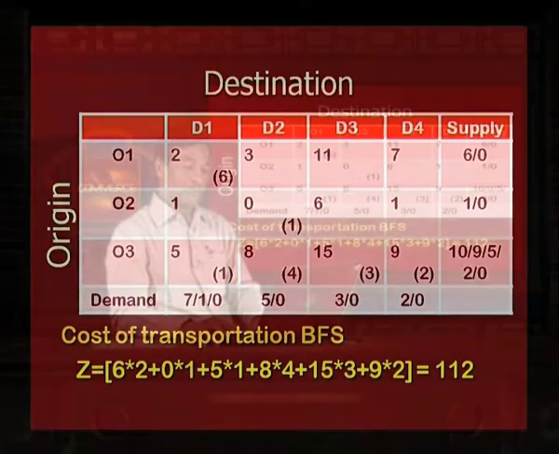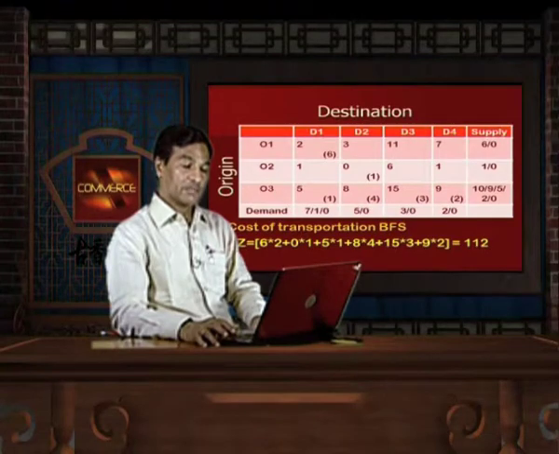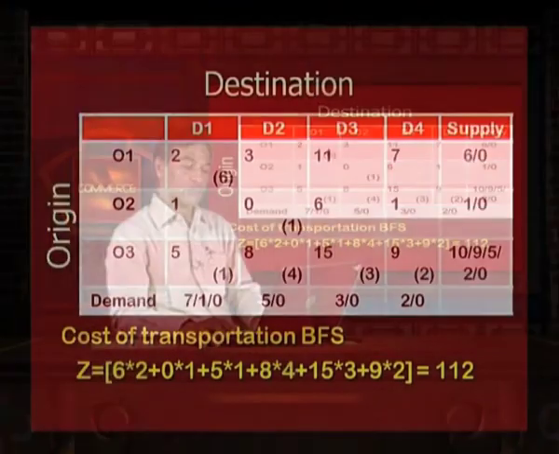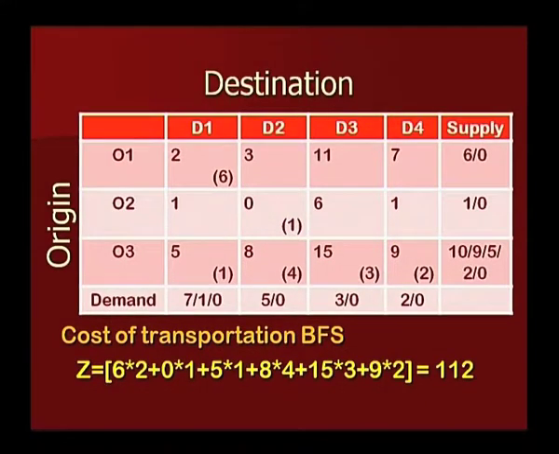In this way, the cost of transportation, that is the basic feasible solution, becomes Z is equal to 6 into 2 plus 0 into 1 plus 5 into 1 plus 8 into 4 plus 15 into 3 plus 9 into 2, that is equal to 112.